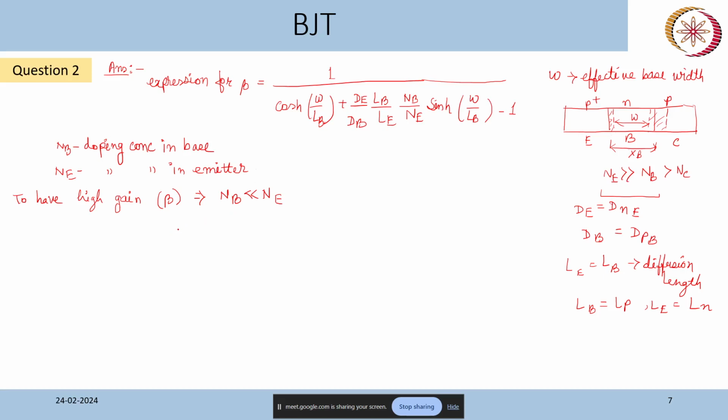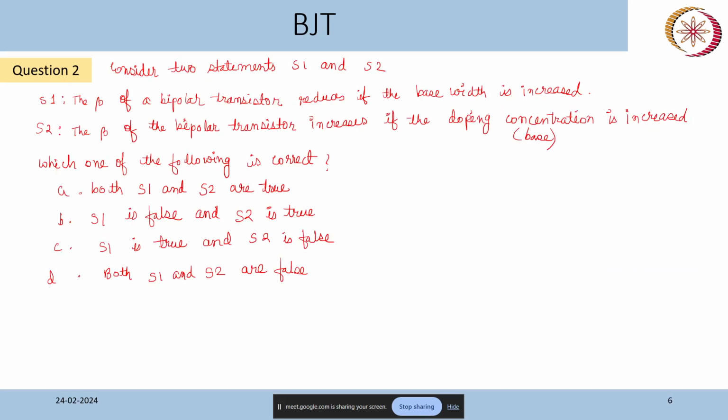Now what will be the effect of base width on beta, that is current gain? So in the question we want to know the effect of base width on beta and the effect of doping concentration on beta.